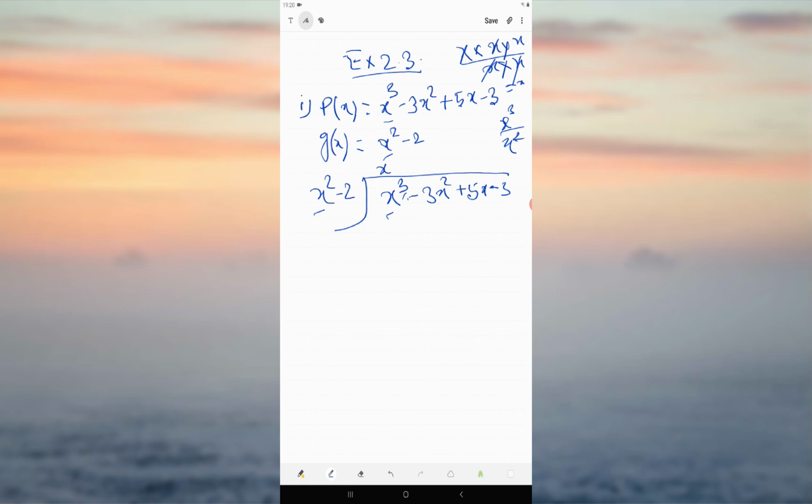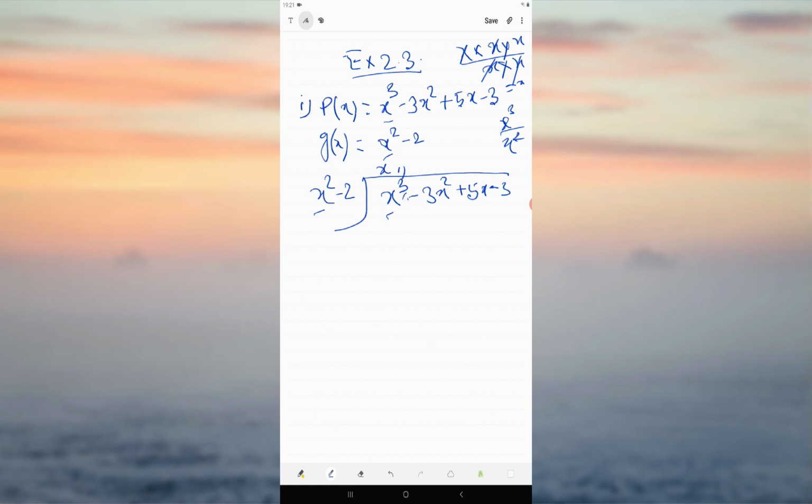Always remember that you have to divide the highest power first. That means when you are finding the quotient of p(x) by g(x), first divide the highest power of p(x) by the highest power of g(x). Whatever you get, I am going to take as the quotient.